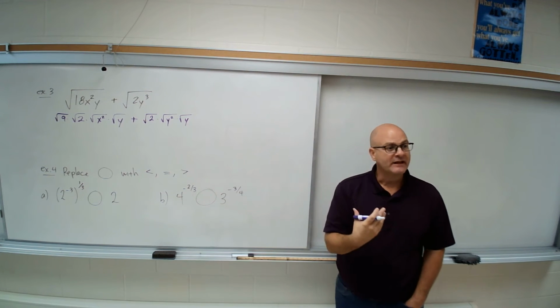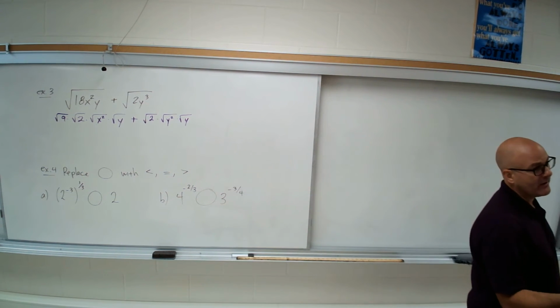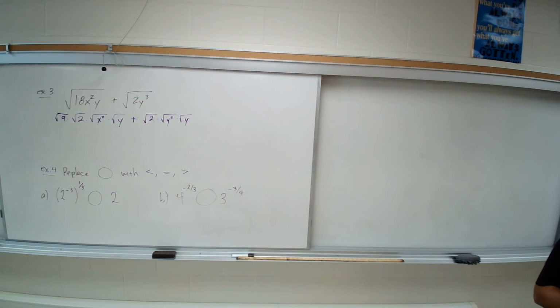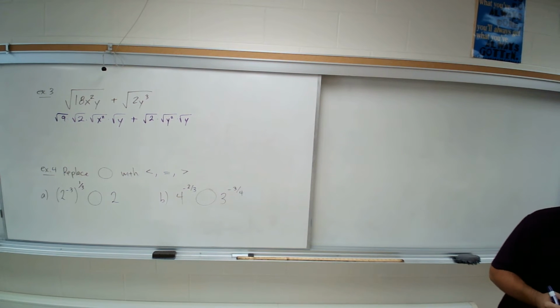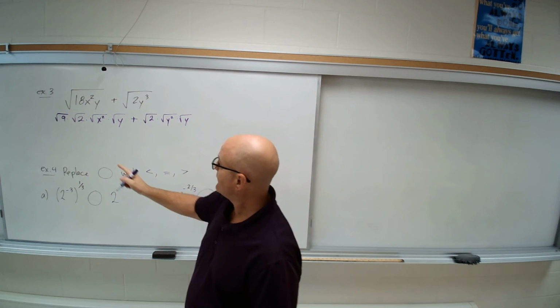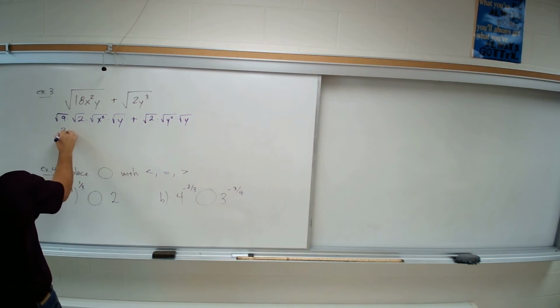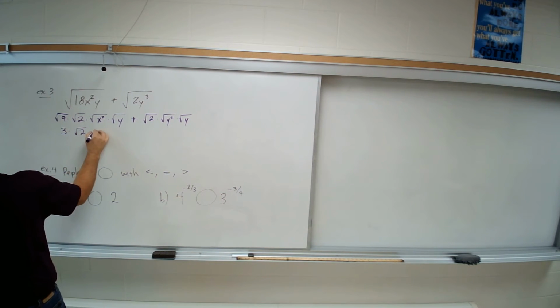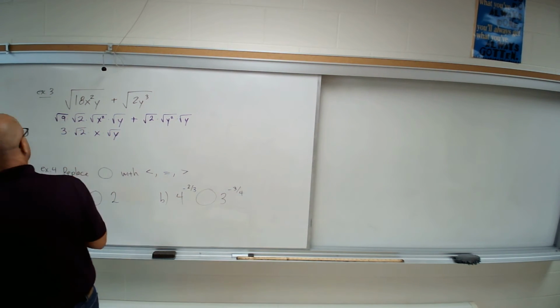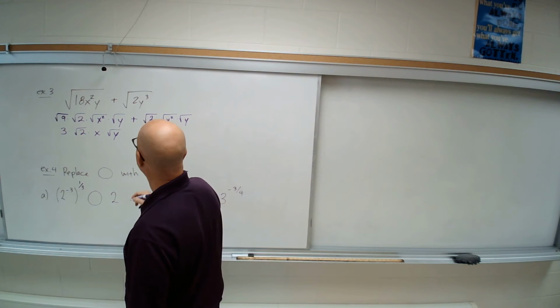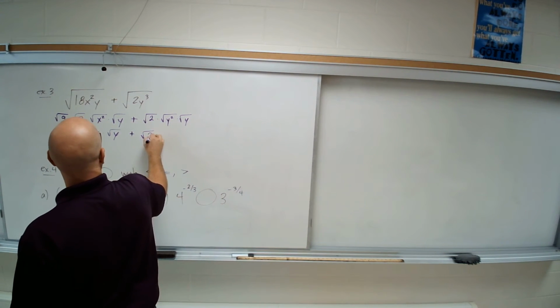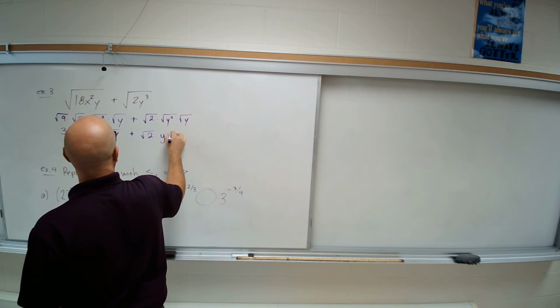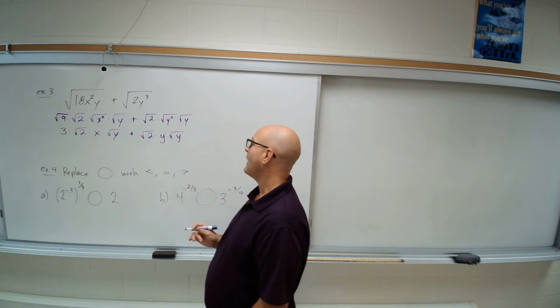Again, I'm looking for things that are squared, because when they're squared, or they're a perfect square like 9, I can take the square root of them. So in this first one, we have 3 times radical 2 times x times radical y. And then radical 2 times y times radical y.